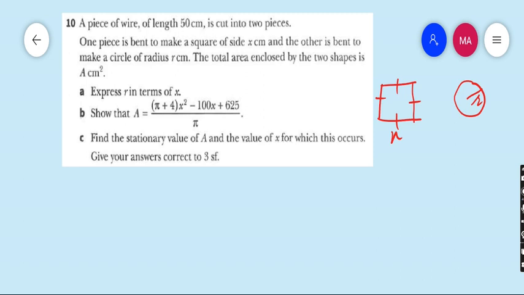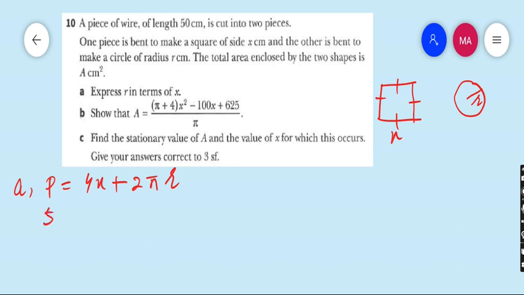Very easy question. Part A. The perimeter of the square is 4x and the perimeter of the circle is 2πr.